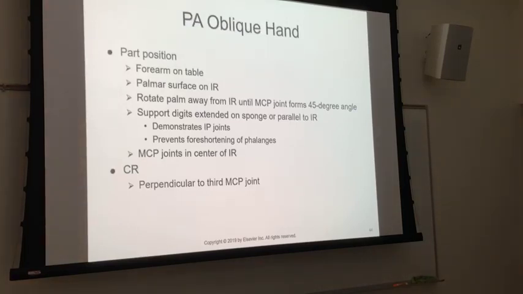It's good for showing that because if the shard of metal is right here, we can see exactly where it is in this dimension. And when we rotate up, we can see exactly how far it is that way, right? It's good for foreign bodies, but for fractures in the phalanges, it's useless.